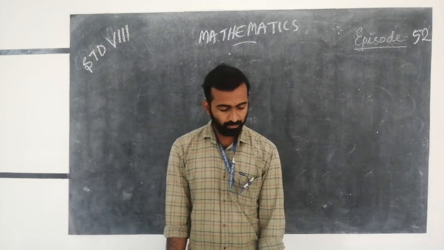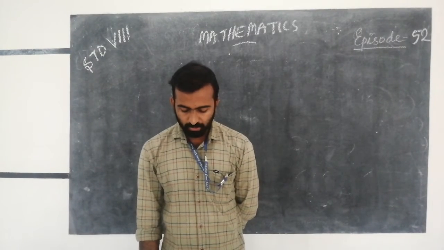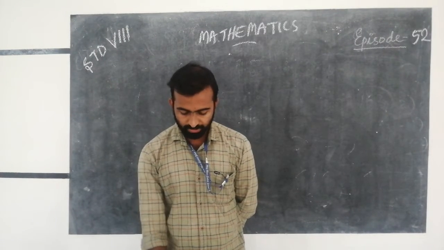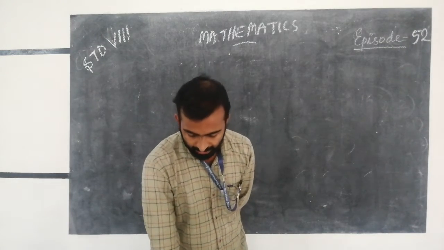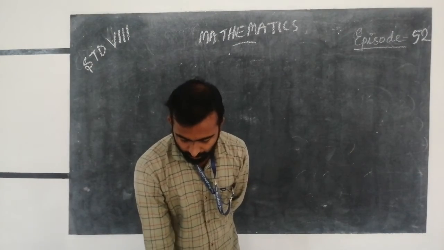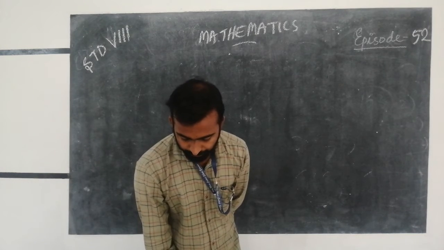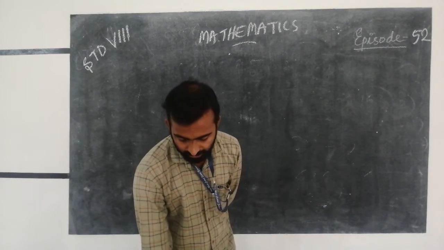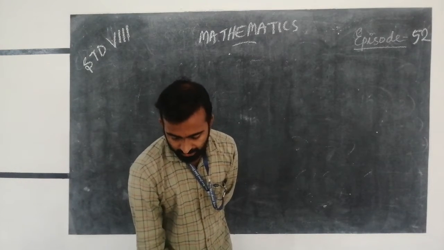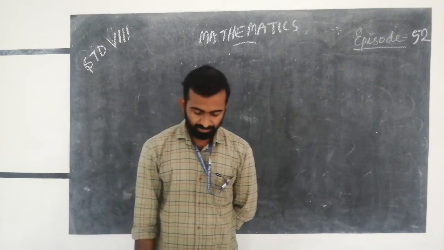The second question is, is it possible to have a polyhedron with any given number of faces? Think of a pyramid.